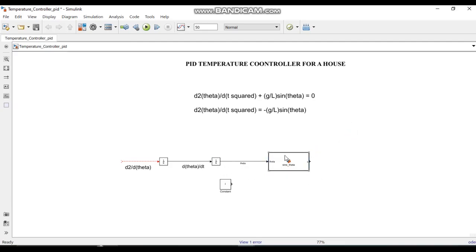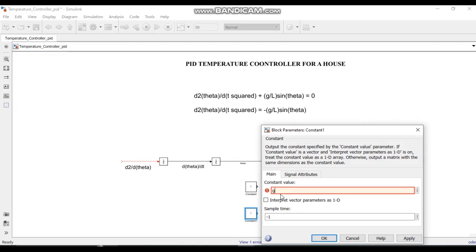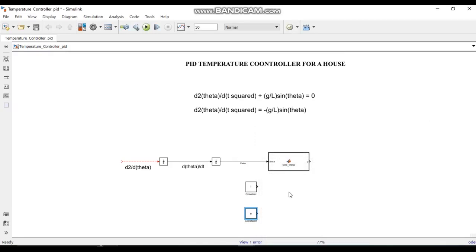So we get our theta and it goes into this function and outputs y, and y is our sine theta, right? And we have our L. So now we need another g, so let's put another constant, but we want it to be g. As you can see, it's outputting an error because I haven't defined these constants in MATLAB.